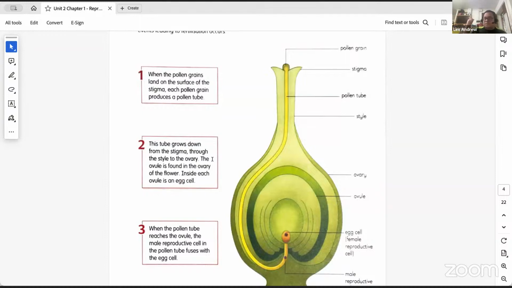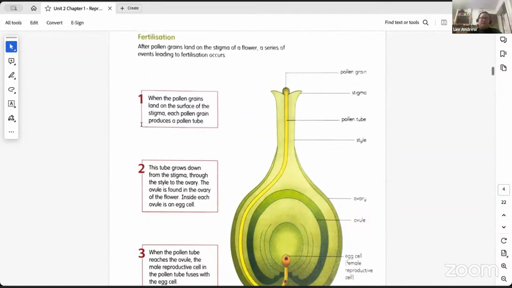The pollen grain gets stuck on the stigma of the female flower part. So when the pollen grain is stuck on the stigma, what happens next? There are three steps in this process, known as fertilization. After pollination, the moment pollen grains get stuck on the stigma of the female flower, fertilization begins.